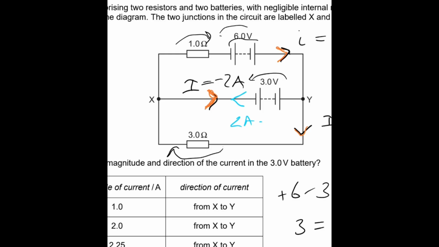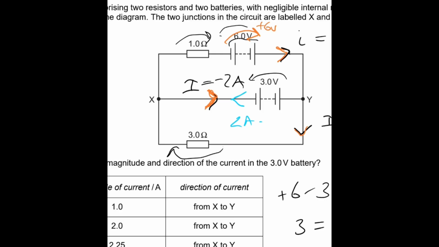So just guess the direction of the currents, give them a label, and just remember that when you go from the negative terminal to the positive terminal of the battery, through the battery, then you gain the voltage. So that's going to be a plus 6 volts jump.